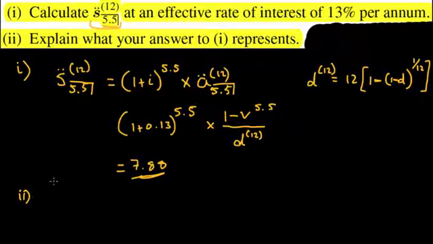So what you're going to say is, we go S, we'll go 12, we'll go to the dots, then the n, and then the i.